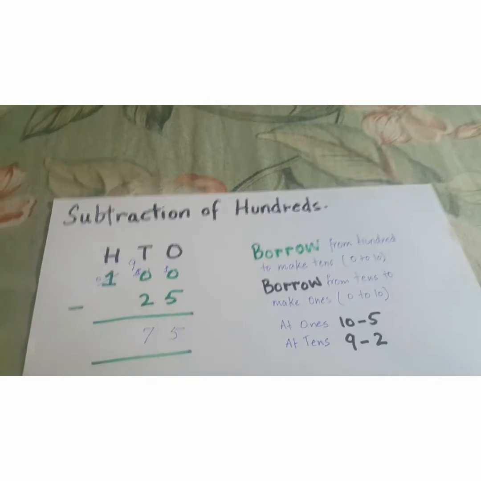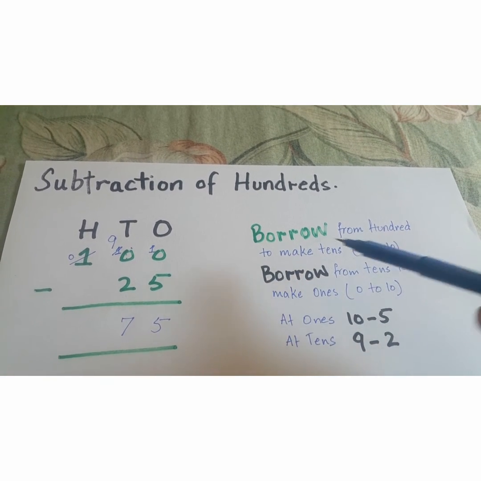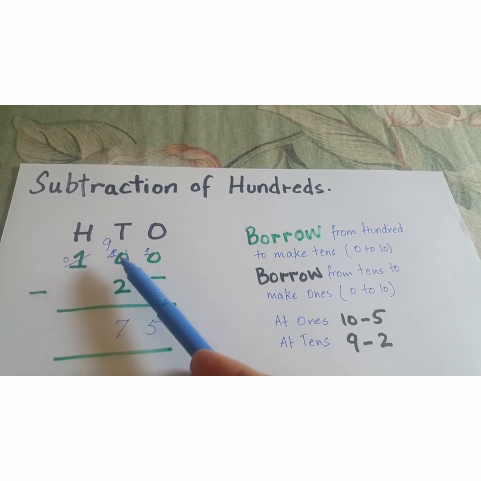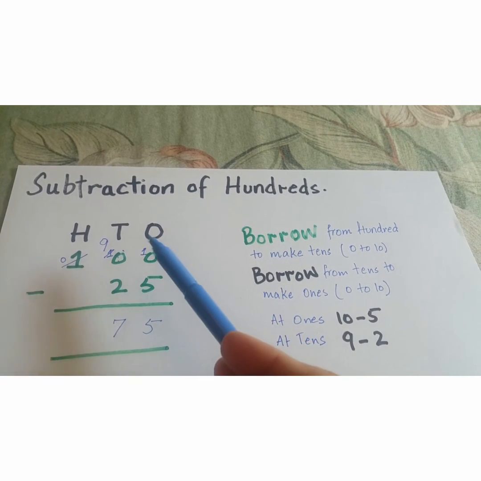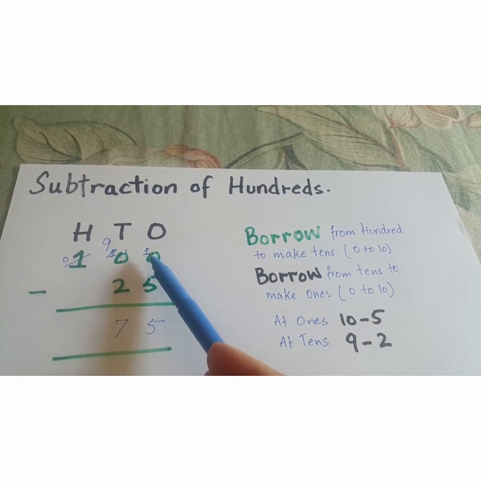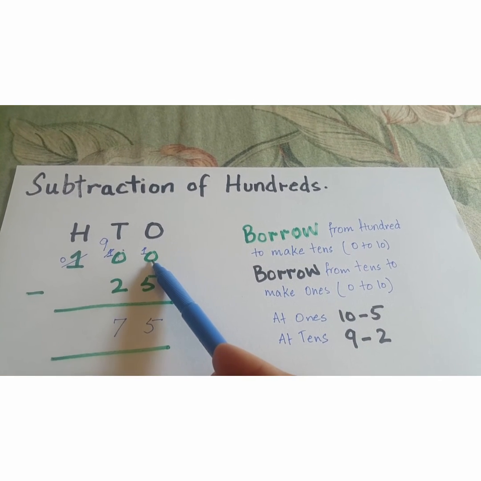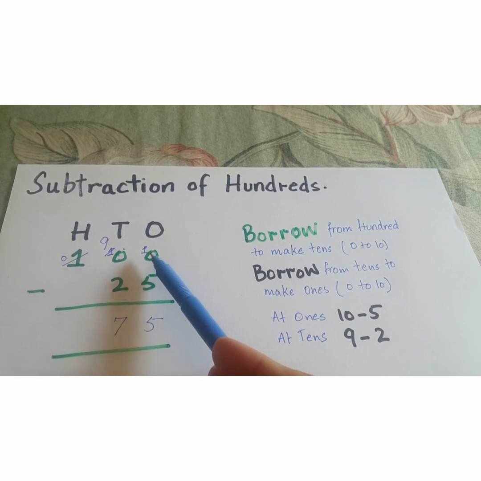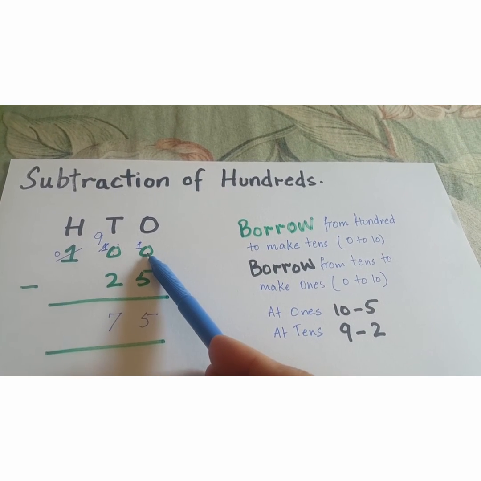Now what we have done here is we have borrowed from 100 to make the tens 0 to 10 first. Then we have borrowed 1 from the tens column to make the ones column 10.